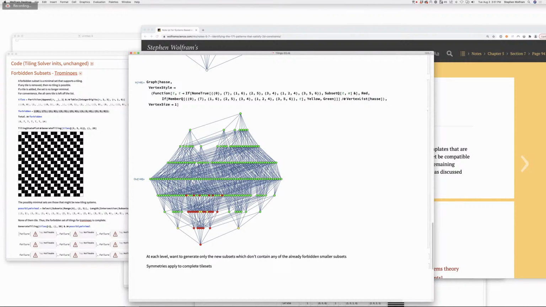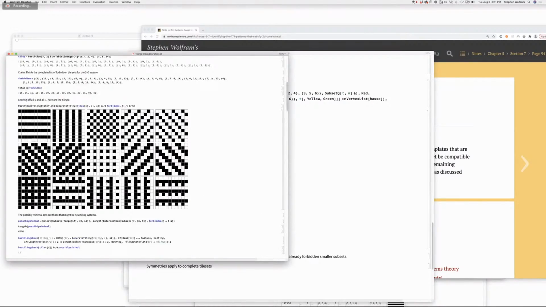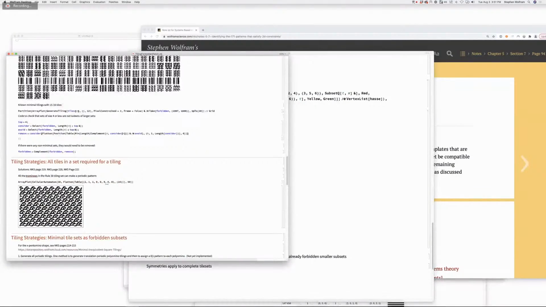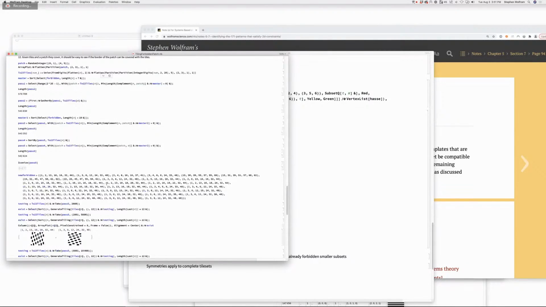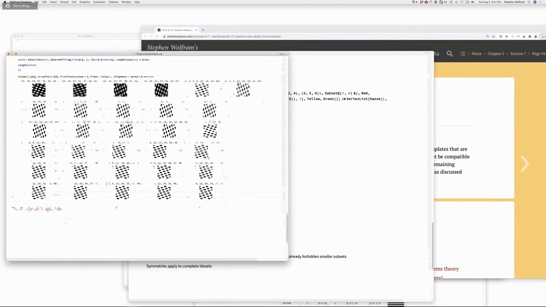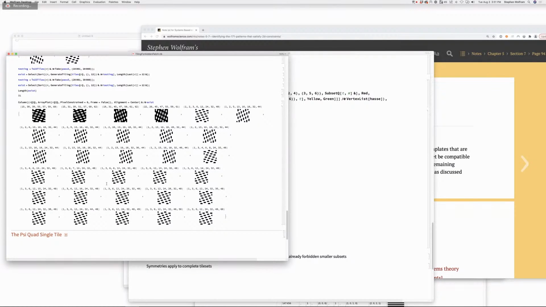Let me show you a bad example. It's down at the bottom of the notebook. It's basically the dominoes that are surrounded by white. They're all equivalent, but they all have different tile sets that generate them, and all the tile sets are minimum.